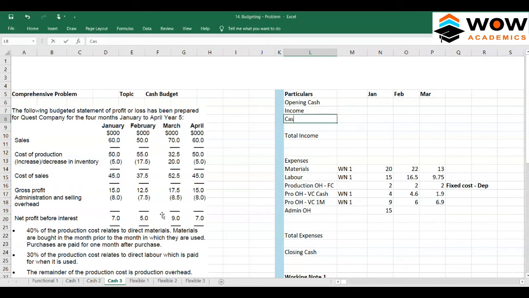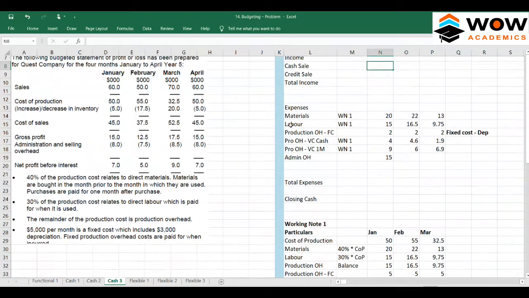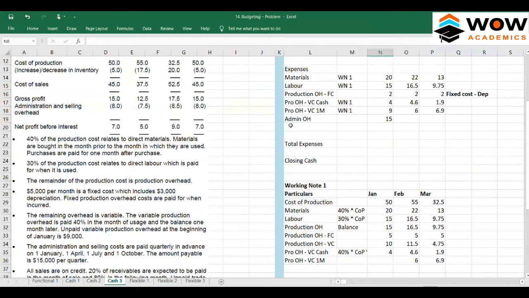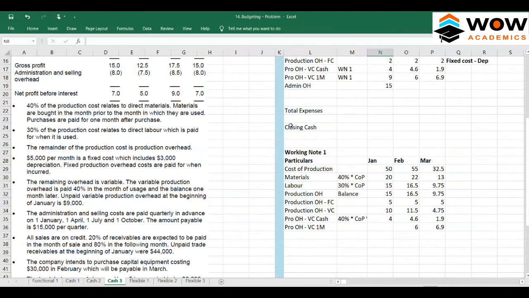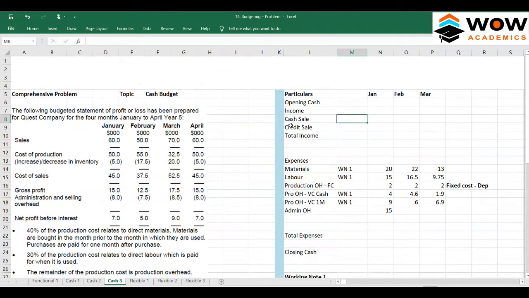So there are two sales: cash sales and credit sales. I think we need to put a working note here again, working note 2.